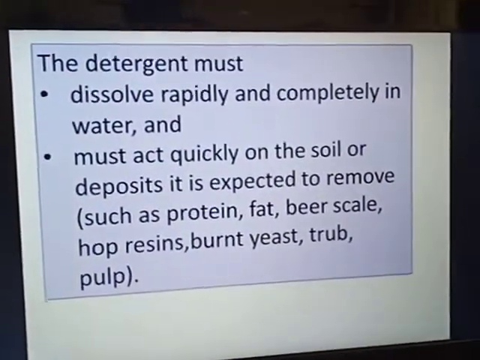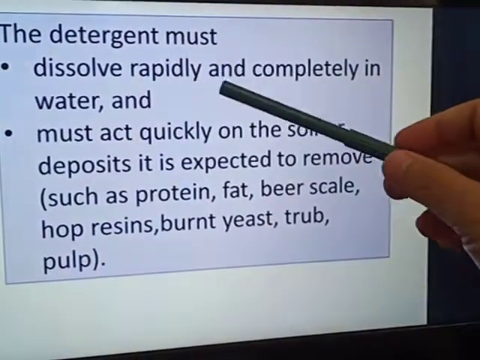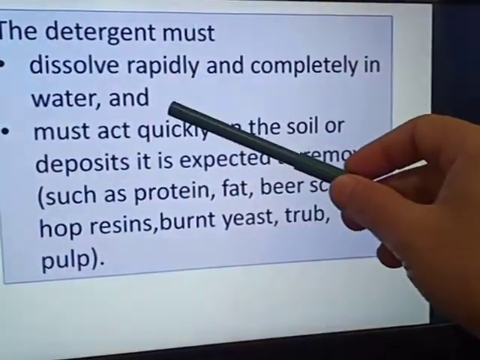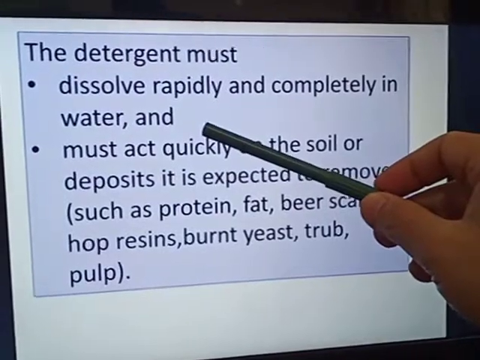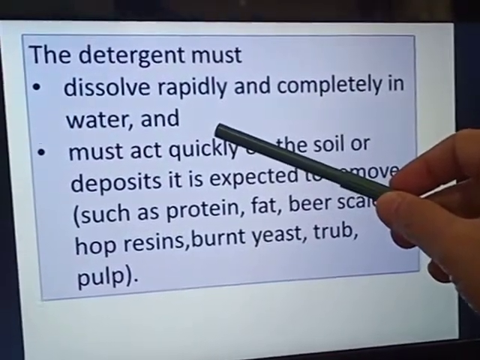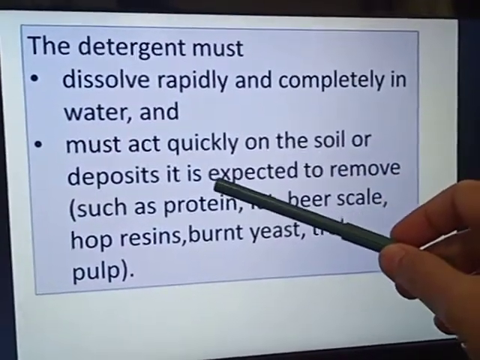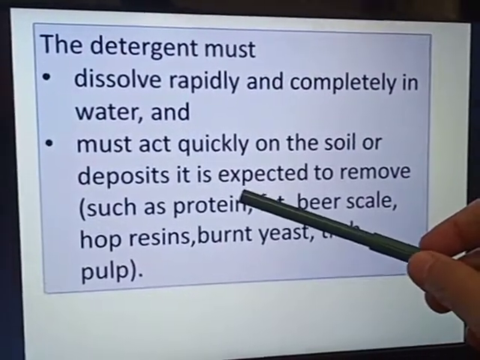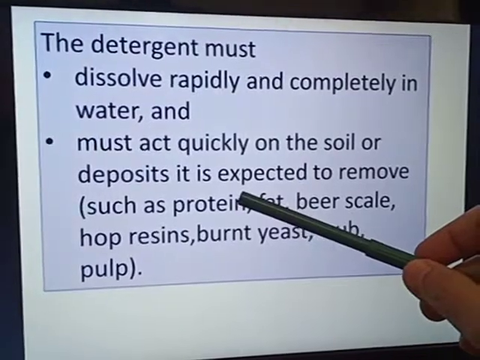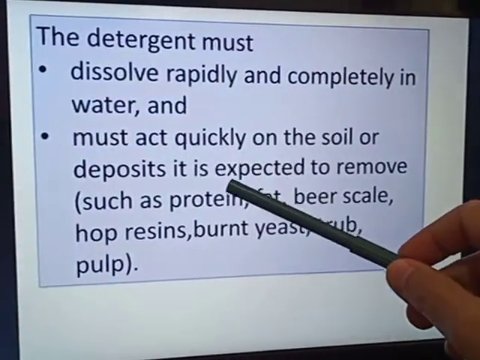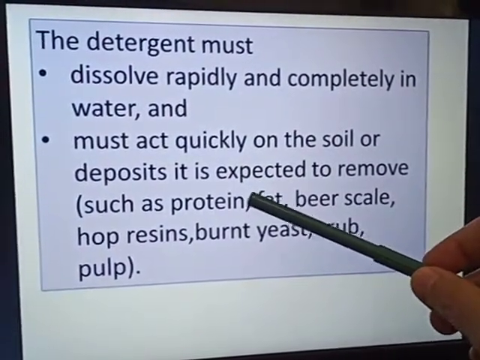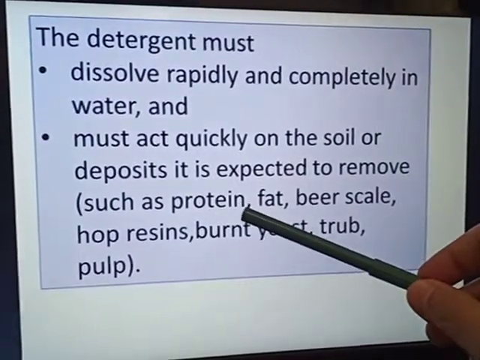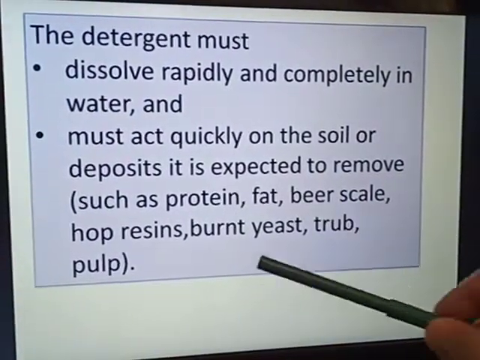The detergent must dissolve rapidly and completely in water. The detergent itself must be able to dissolve quickly. It must act quickly on the soil, so the chemical activity must be strong enough to act quickly on the soil or deposit it is expected to remove, such as protein, fat, scale.